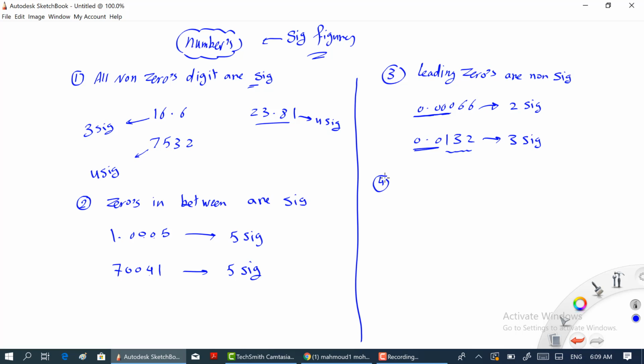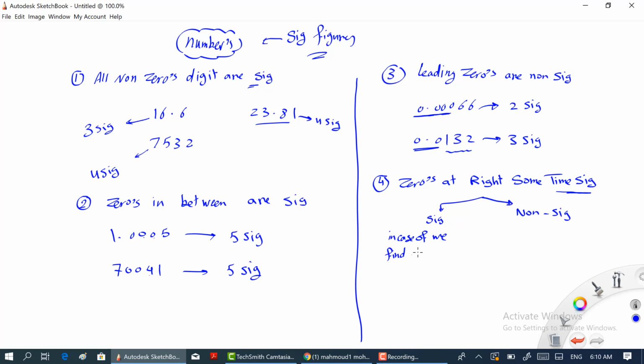For zeros at the right, sometimes they are significant. Zeros at the right can be significant or non-significant. They are significant in case we find a decimal point, and non-significant if there is no decimal point.